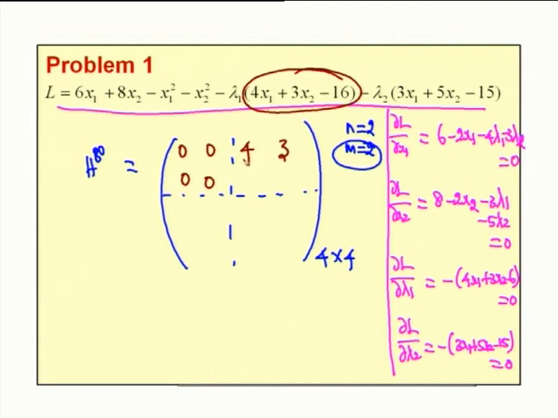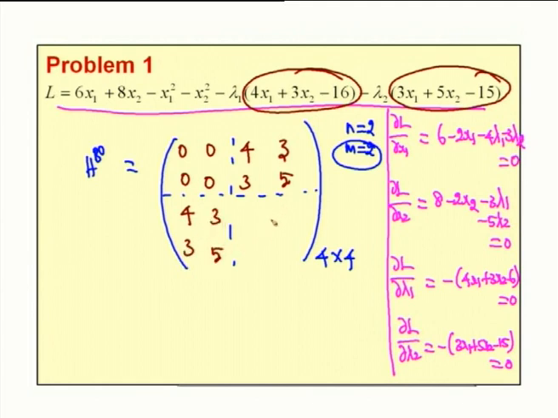So, in the second block, the first column is 4, 3. Next, ∂h2/∂x1 is 3, then ∂h2/∂x2 is 5. Now, this block is the transpose of this matrix. Therefore, this is 4 3, 3 5.